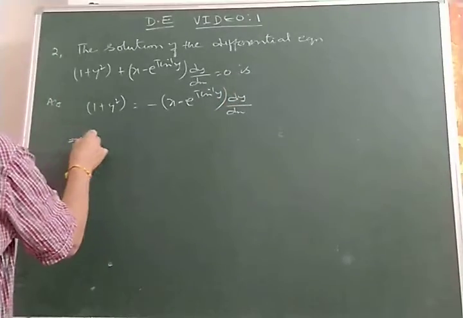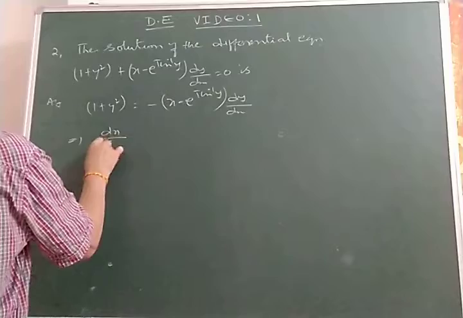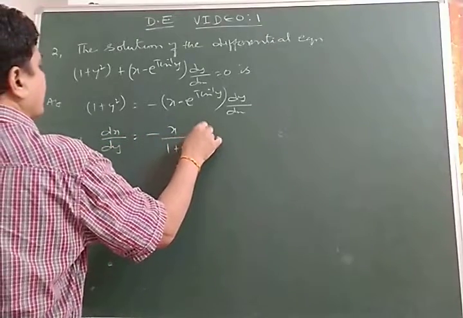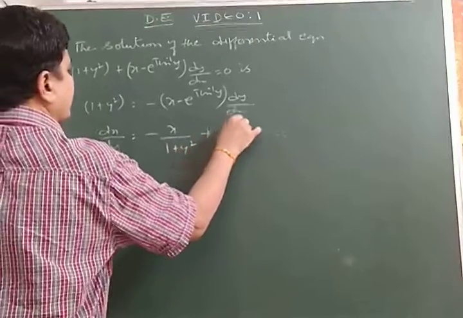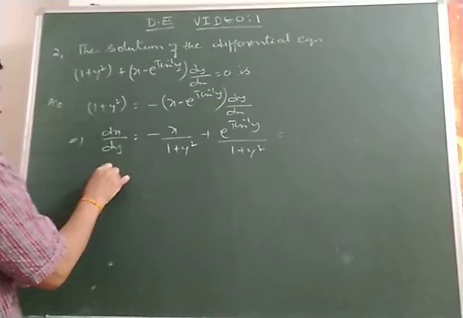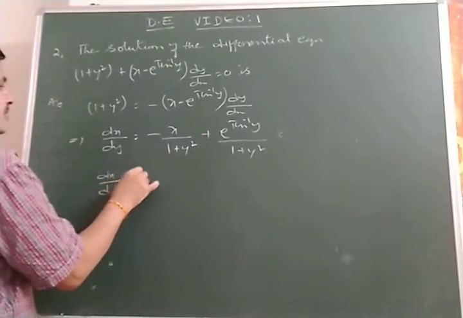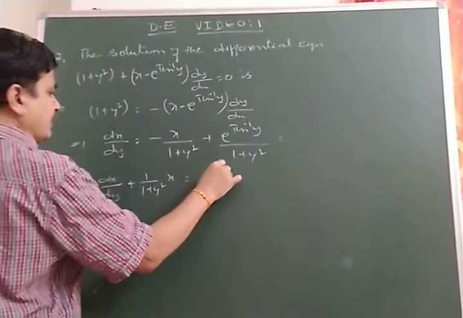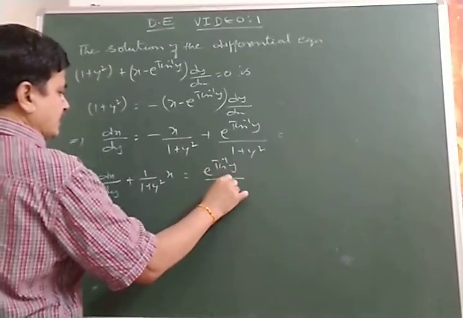That can be written as dx by dy is equal to minus x by (1 plus y square) plus e to the power of tan inverse y by (1 plus y square). So dx by dy plus 1 by (1 plus y square) into x is equal to e to the power of tan inverse y by (1 plus y square).